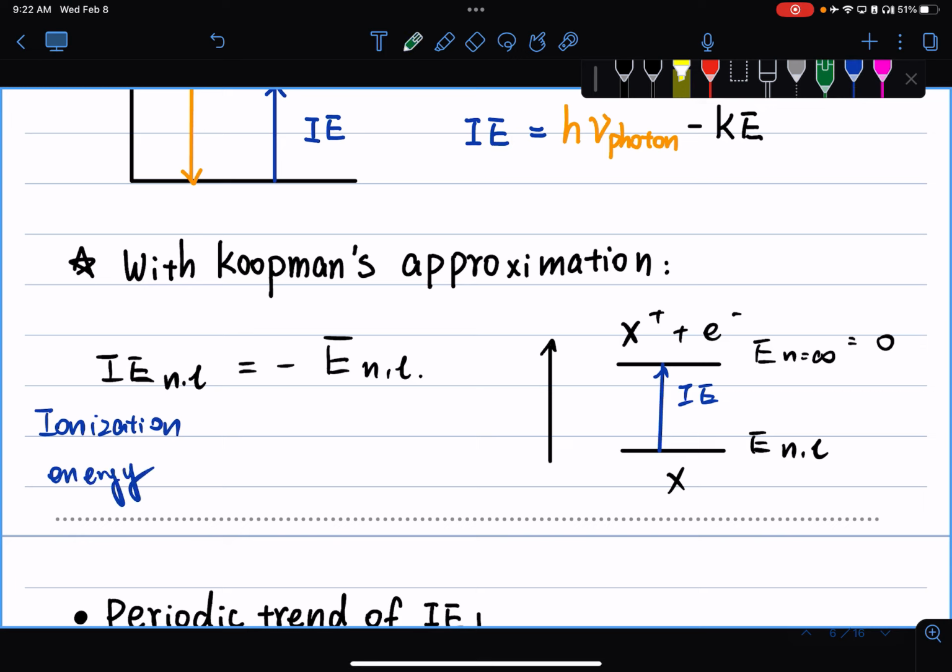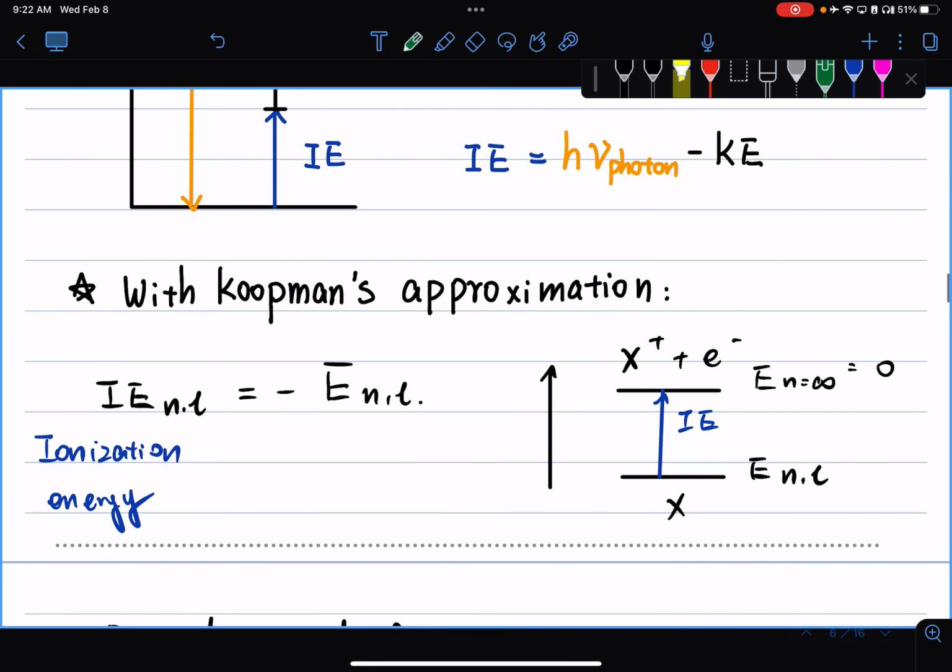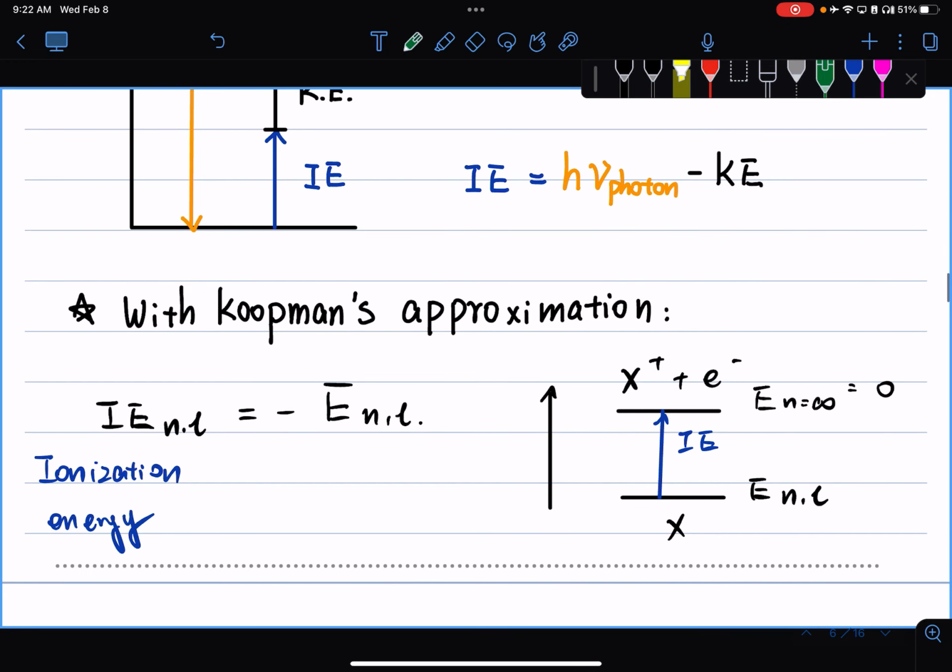So on the left-hand side, we have the ionization energy that's being measured. On the right-hand side, that's the electronic energy of the atomic orbital. All right, and n and l are just quantum numbers that tell you which atomic orbital it is.